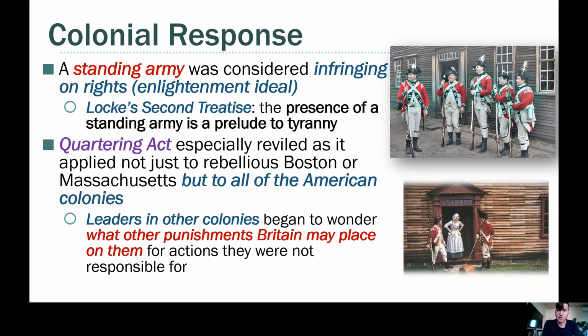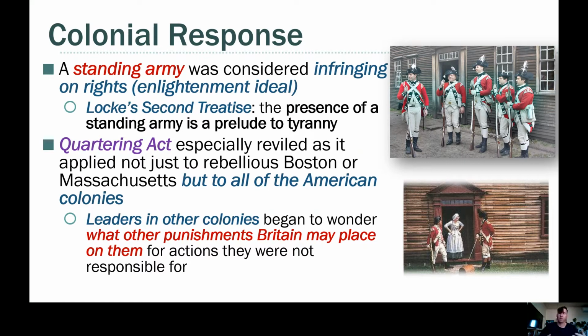Okay, so what was the colonial response to the Quartering Act? A standing army was considered infringing on rights, like I said, Locke's Second Treatise. Now, the Quartering Act was especially reviled as it applied not just to rebellious Boston in Massachusetts, but to all of the colonies. Leaders in other colonies began to wonder what other punishments Britain may place on them for actions they were not responsible for.